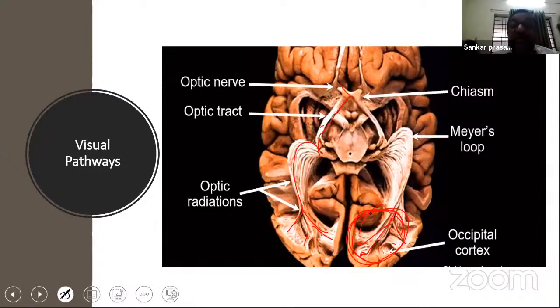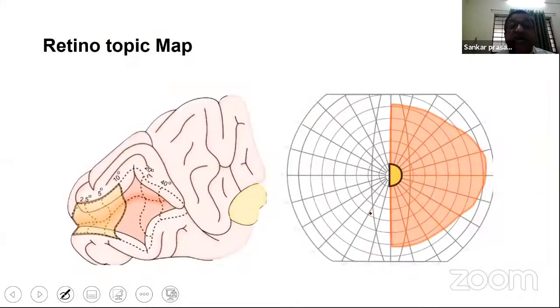So this is the vision that is seen. You can see that the left side eye, the cerebral cortex, occipital lobe, is catering to the right side visual field. And if you look at this, you see this is a macular area which is occupying up to 10 degrees in the pole.